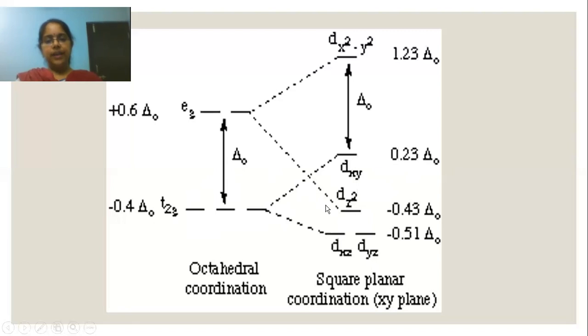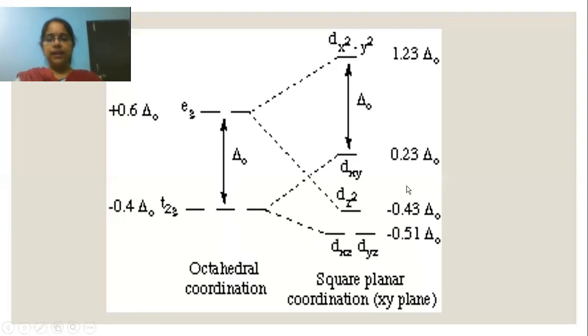Similarly, the energy of the dz square orbital is found to decrease by minus 0.43 delta units than the energy of dz square in an octahedral complex. And the energy of the dx square minus y square orbital is found to increase by 1.23 delta units than the energy of dx square minus y square in the octahedral geometry.